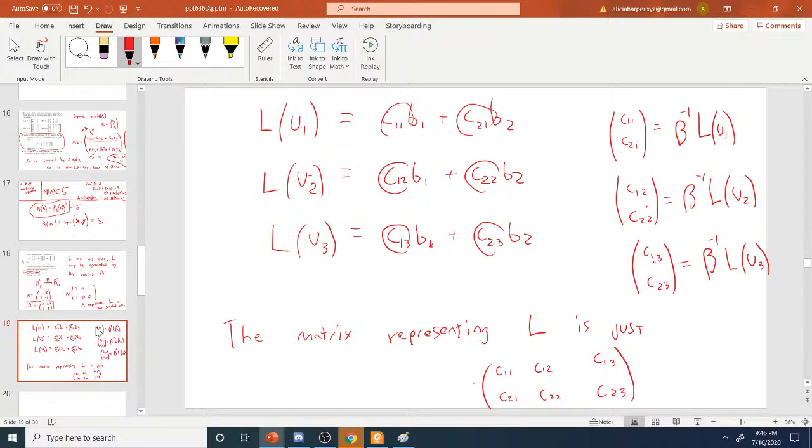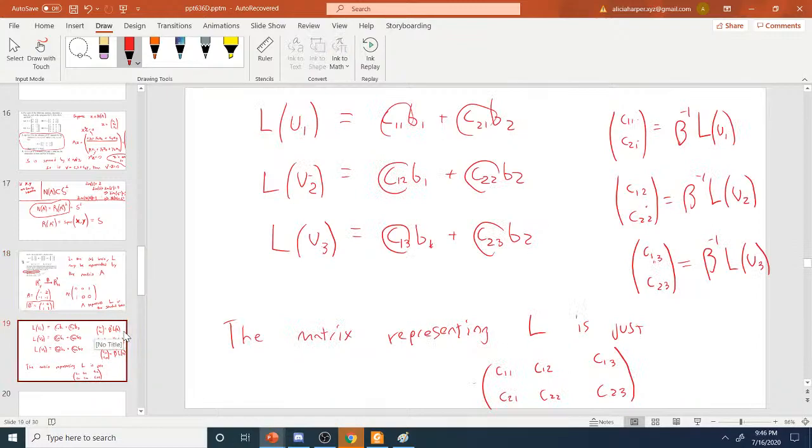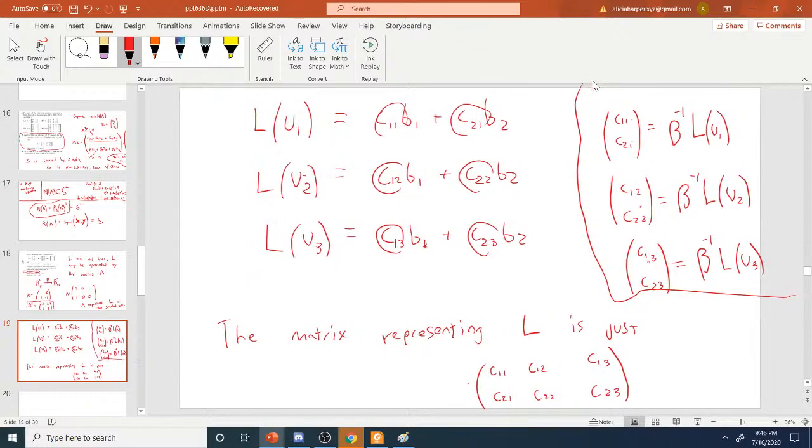So the problem of representing our matrix with respect to these two bases just amounts to finding these numbers C. And this right here gives us an explicit recipe to go about finding them.